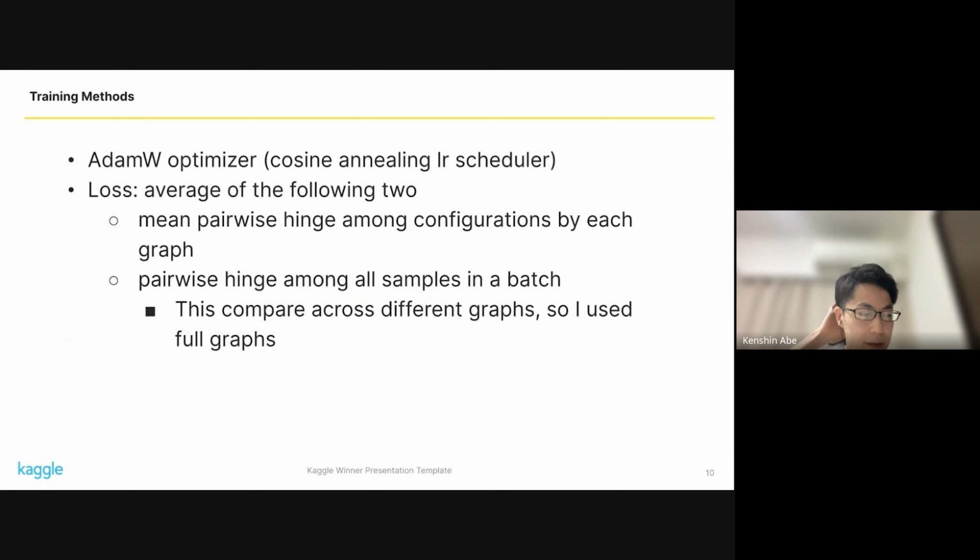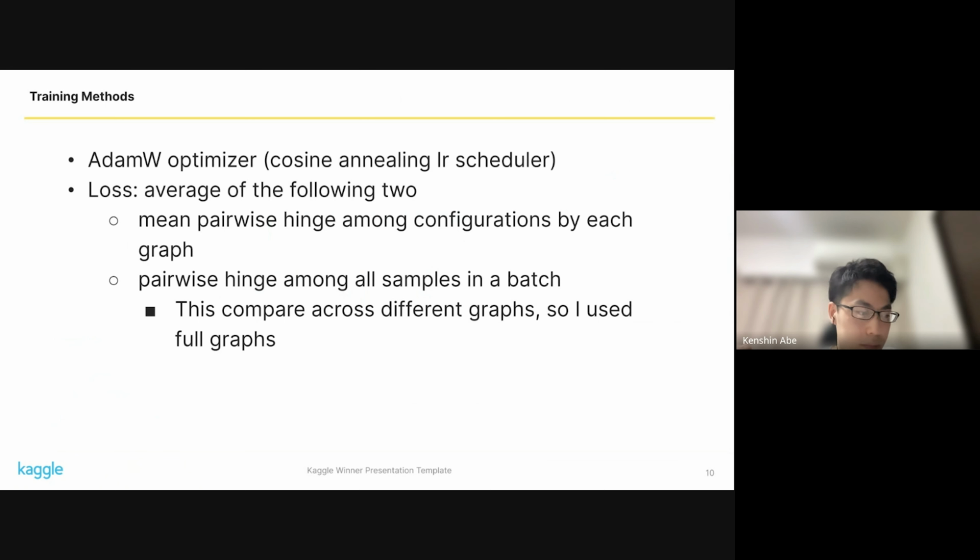I sampled a few graphs in a batch, which is basically like 4 or 8. And for each graph, I also sampled a few configs, like 8 or 16 configs for each graph.